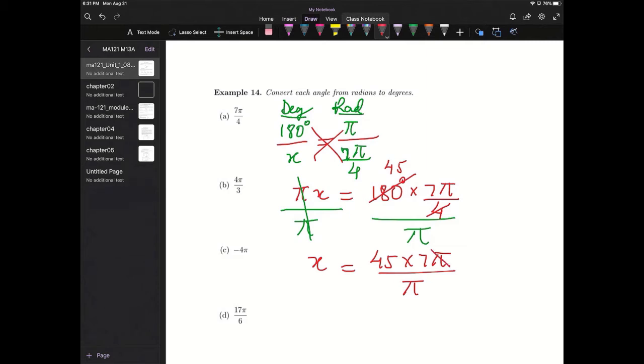And pi also cancels pi. So basically all I need to do is multiply 45 times 7. So 45 times 7 is, and remember this is still degrees here, 315. So 315 degrees is the same as 7 pi over 4.